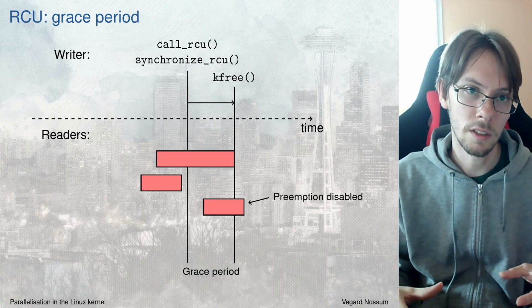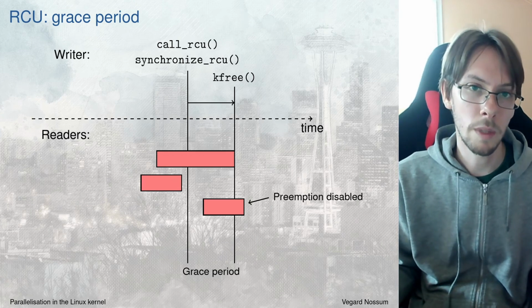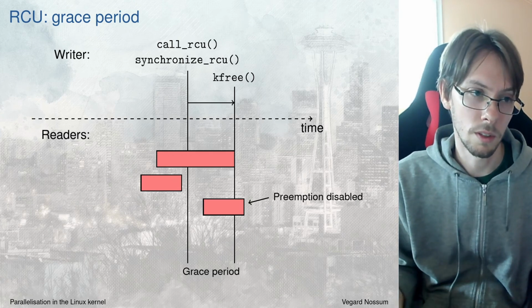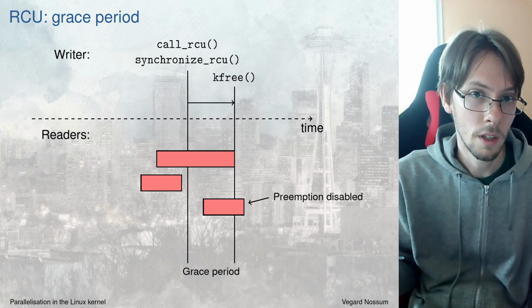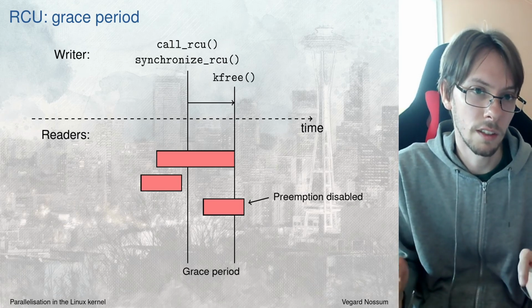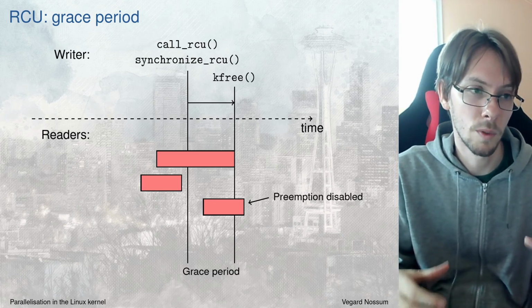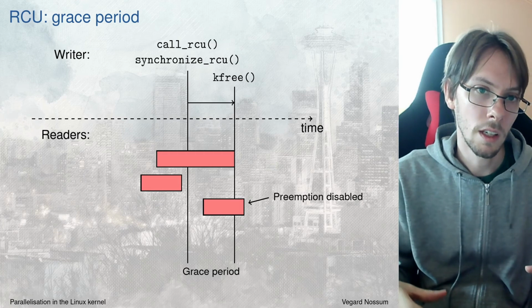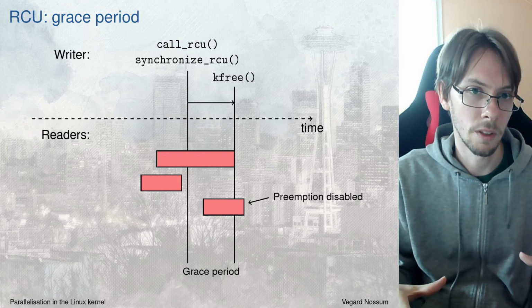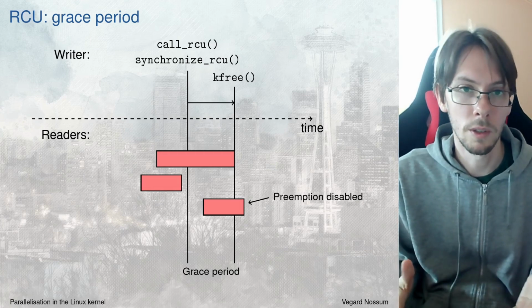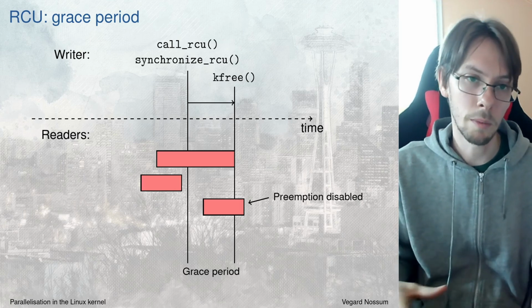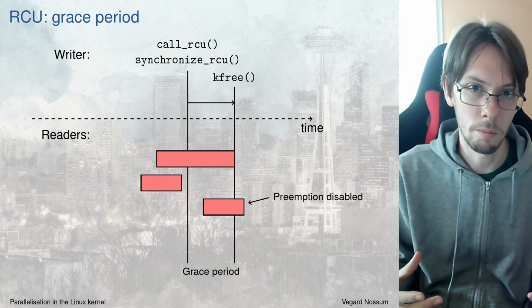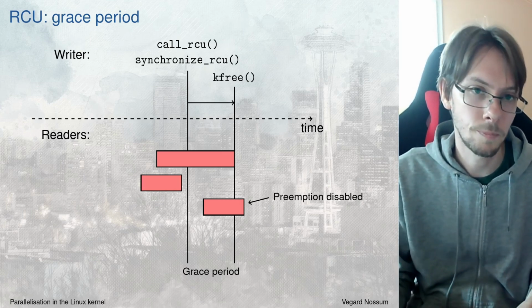So even if a timer interrupt comes in, it won't be able to context switch to a new task. So we're kind of locking the task to the CPU for a short amount of time. And that's almost completely free. We're just bumping a CPU local variable when disabling preemption and then bumping it back when we're done.